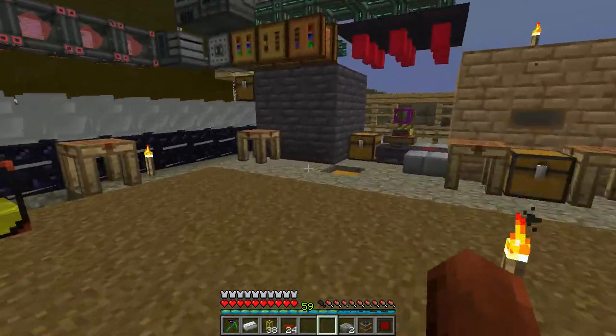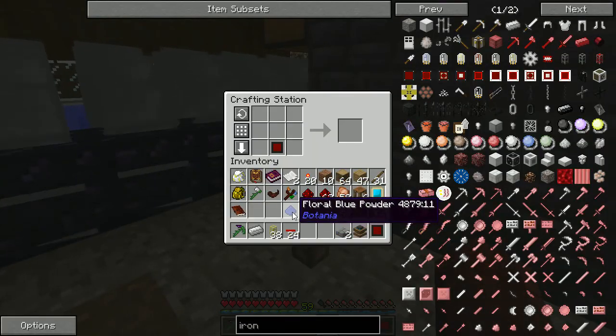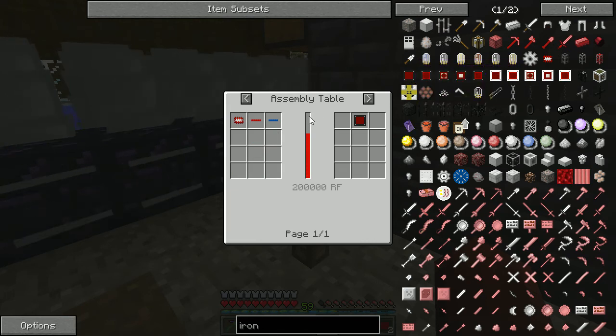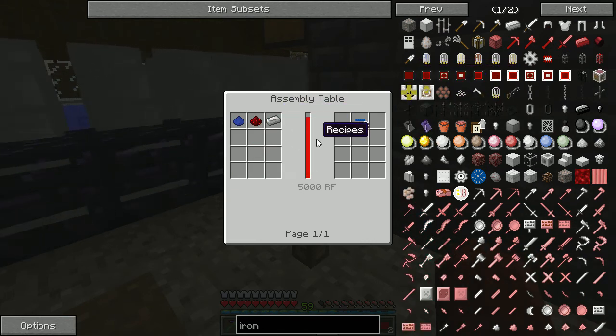So let's go ahead and do this real quick. Just get some blue. Well, there's our other basic gate. Is it shaped? Let's double check. Oh no, it's in the assembly table.